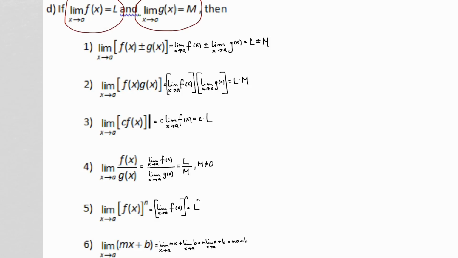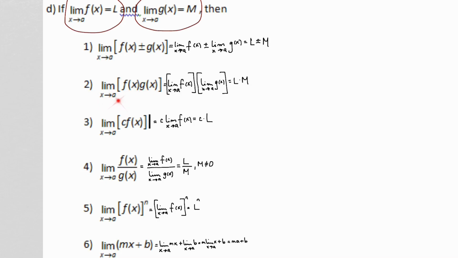Hi, again. I'm hoping you took a moment and paused the video to fill in these limits. Again, we were using the fact that the limit as x approaches a of f of x is L, limit x approaches a of g of x is m, and so in this first case, when we want the limit of a sum or difference of f and g, that's equal to the sum or difference of the two limits, and so that just gives us L plus or minus m.